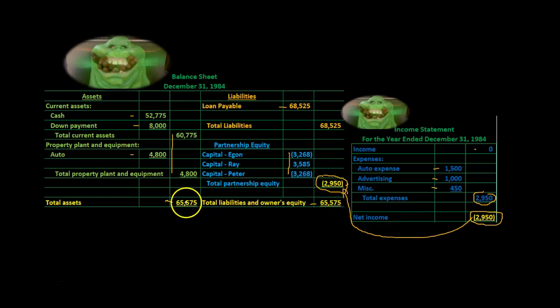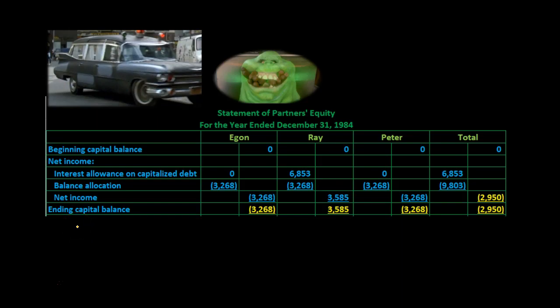Now, if we're assuming that this is the first full year of operation, if at the end of the year this is where we had left and we had a loss of $2,950, and we look at our Slimer statement of partners' equity, then let's think about Ray's first. We have to allocate that loss out to our three partners, Egon, Ray, Peter. And we're going to assume that they have a partnership agreement basically saying, Ray, we're going to give you more.